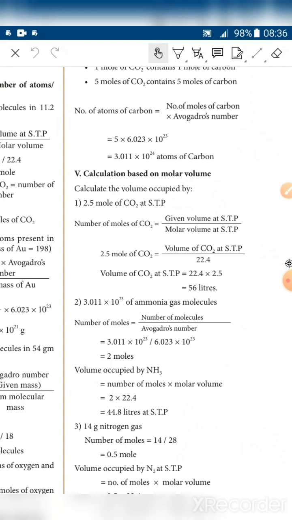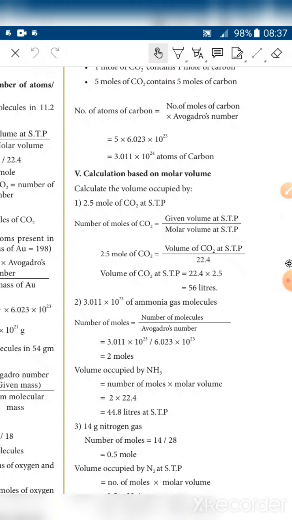The given volume is what you are going to calculate, and the molar volume is already given, that is a constant determined value, 22.4. So volume of carbon dioxide at STP equals mole into molar volume, that is 2.5 into 22.4, which equals 56 liters.